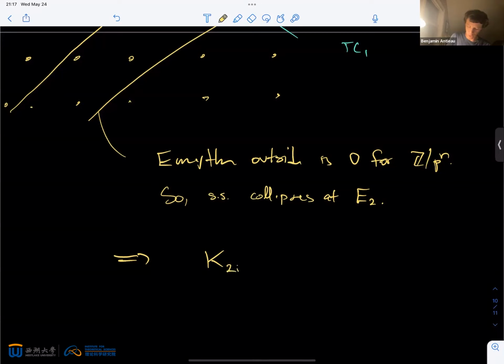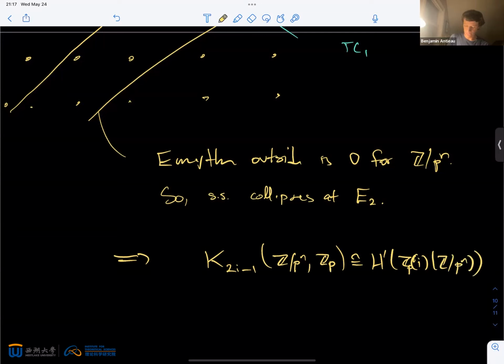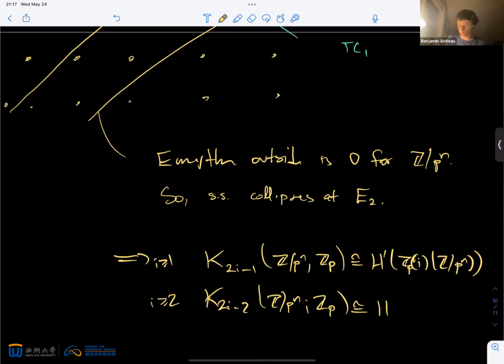K2I -1 of Z mod P to the N with p-adic coefficients is isomorphic to H1 of this syntomic complex. And K2I -2, for I at least 2, is isomorphic to H2. So in fact, for these particular rings, there's no H0 either.